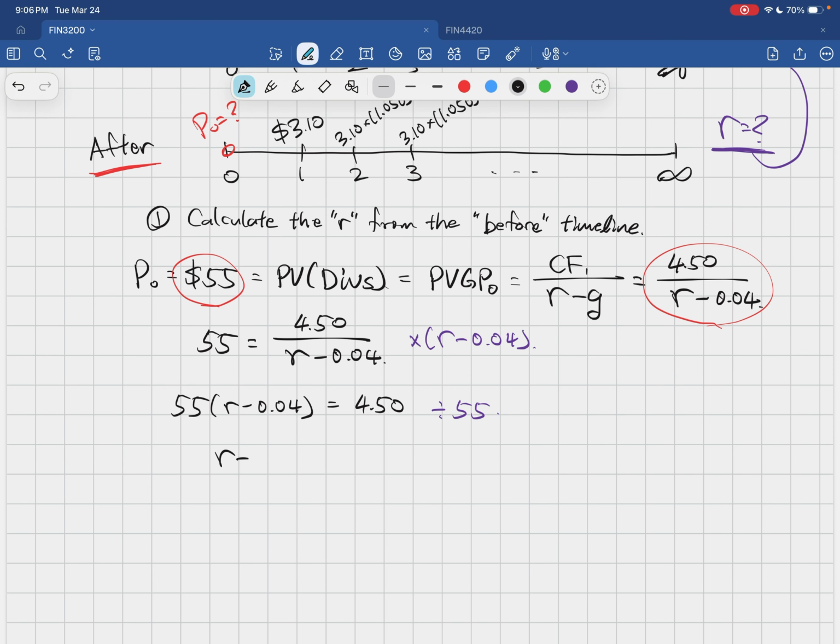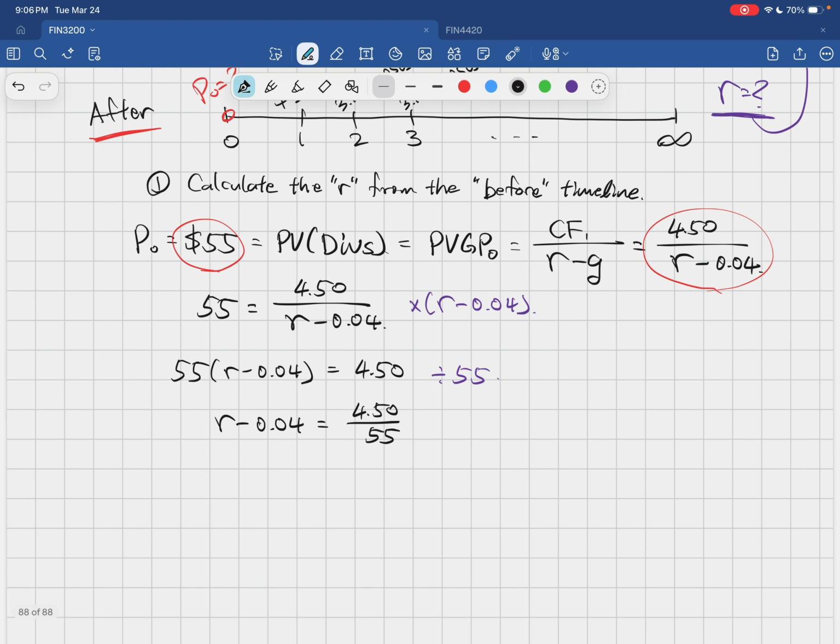So we have R minus 0.04 equals 4.5 over 55. And then we'll add 0.04 on both sides. So R is equal to 4.5 divided by 55 plus 0.04. So R is 12.18%.